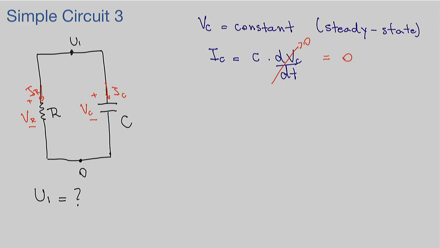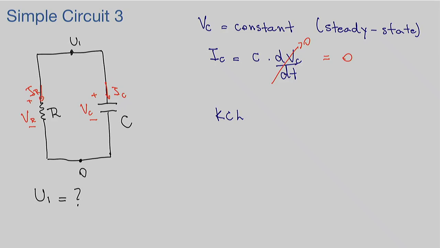If we apply KCL, because I defined two currents, I'm going to use KCL at U1 because I want to solve for my unknowns, which are U1, IR, and IC. What would KCL say for U1? Current coming into the node is equal to the current going out of the node.